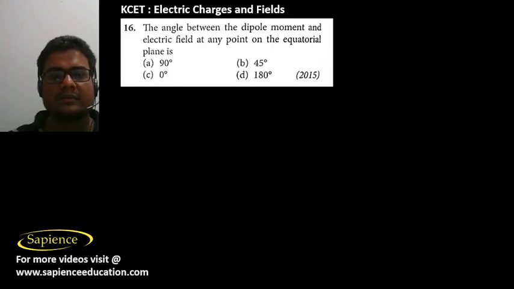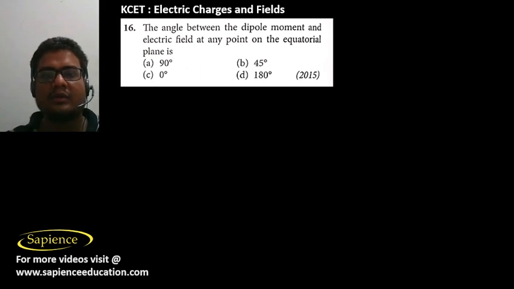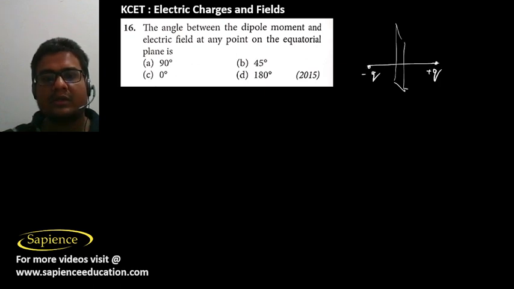Then it is told the angle between the dipole and the electric field at any point on the equatorial plane of an electric dipole, with dipole moment p.